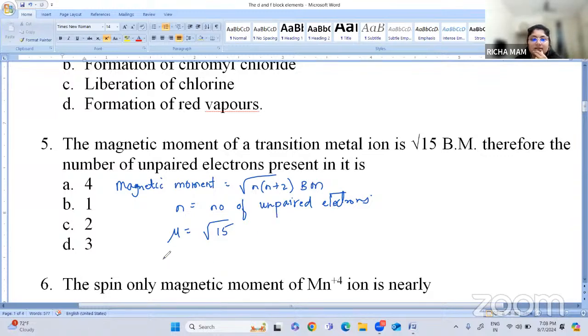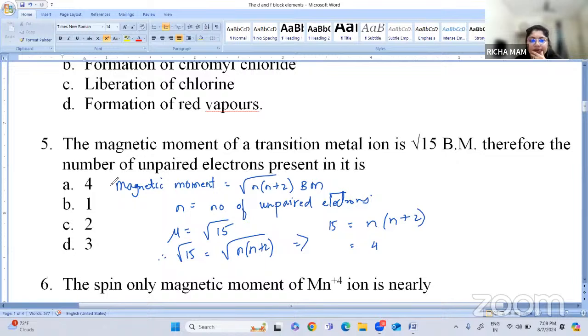Okay, so let us see. Square root of 15 is square root of n into n plus 2. If we remove the square root, it will be 15 equals n into n plus 2. So what is possible? These are the possible numbers of unpaired electrons.